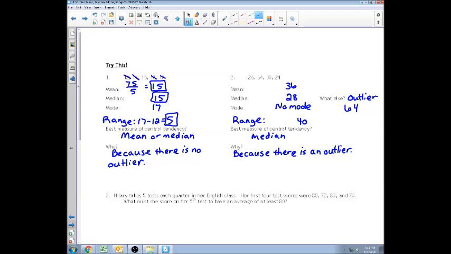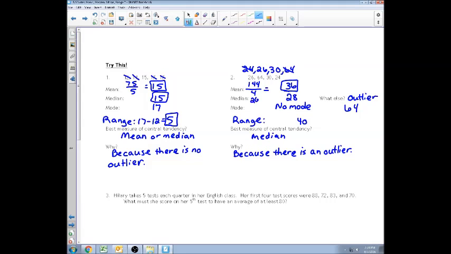For number 2, if you did not get that one correct, I would add up all the numbers. When I add up all the numbers, I end up with 144. There are 4 numbers, so 144 divided by 4 is 36. There's not really any room right there to rewrite the median down where it's at, so I'm just going to rewrite it above. So it would be 24, 26, 30, and 64. Get rid of 24, 64. You have 26 and 30 in between.